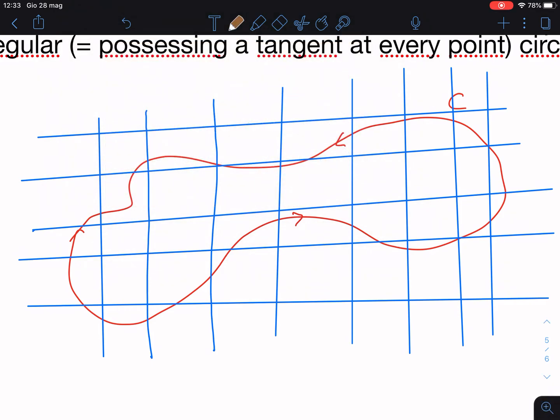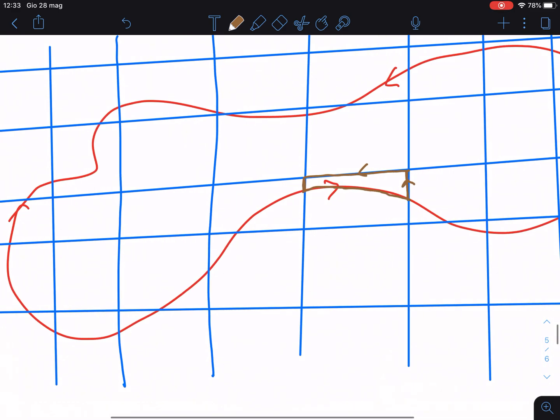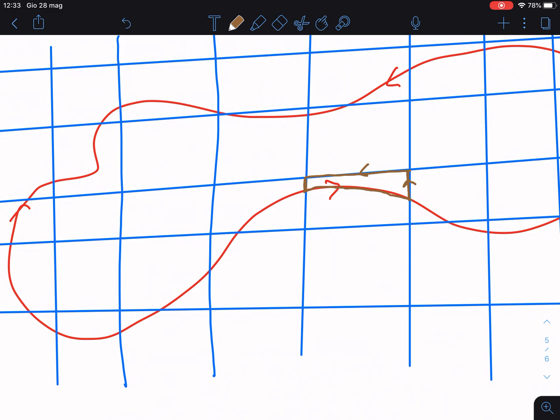Let me use the brown. So consider, for instance, here the circulation on this circuit, which is made of a part which is on the grid and another part which is on the original contour C. Let me call it Ci, for instance.